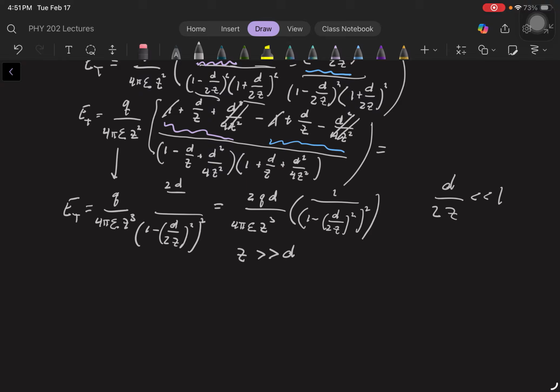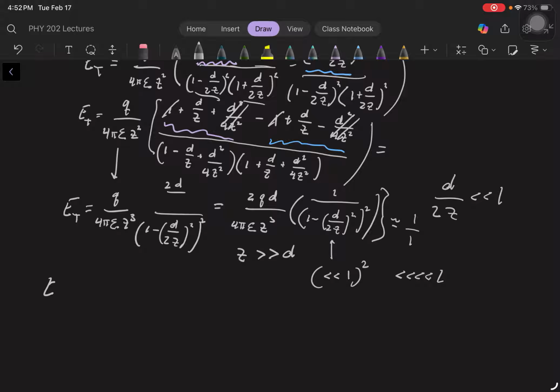And we get essentially this whole term is roughly equal to 1 over 1. Because we have something much less than 1 squared, which is going to make it way less than 1. And then you have 1 minus something much less than 1, which is roughly 1. You have 1 over 1.